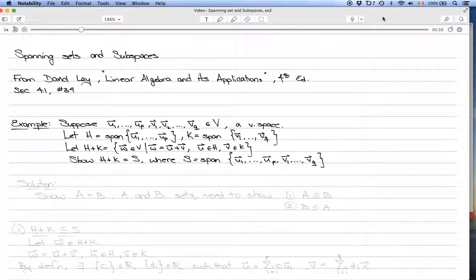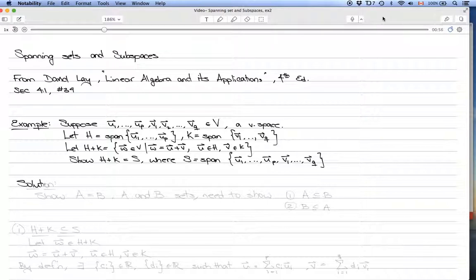So what we want to show is that this H plus K that we've now defined is actually equal to the span of u1 to up and v1 to vq. So in general, to show two sets are equal, we have to show that each is contained in the other.